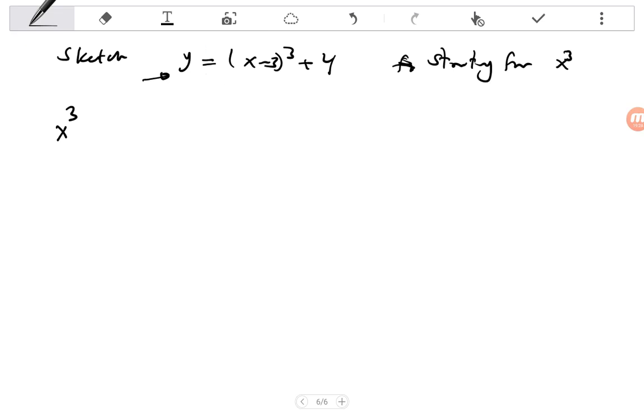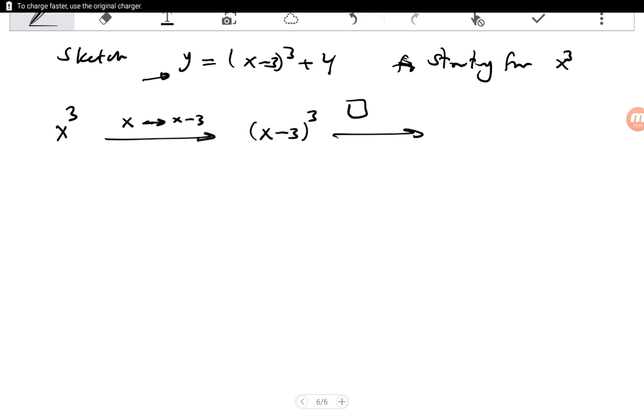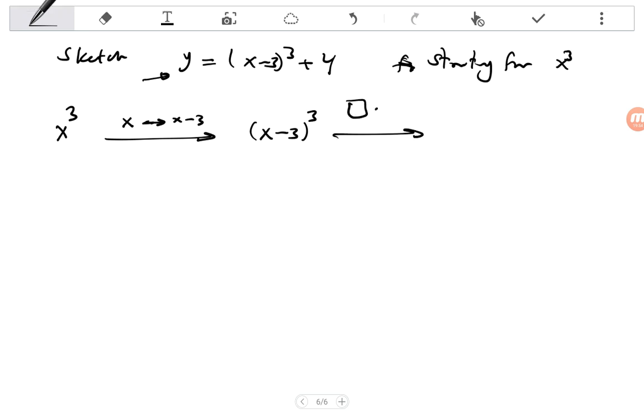We replace every x with x minus 3, so the function will be x minus 3 all cubed. That is a step. Now I'm closer to this function, but it still needs one further step, which is to take the whole function and add 4. That will be x minus 3 all cubed plus 4.